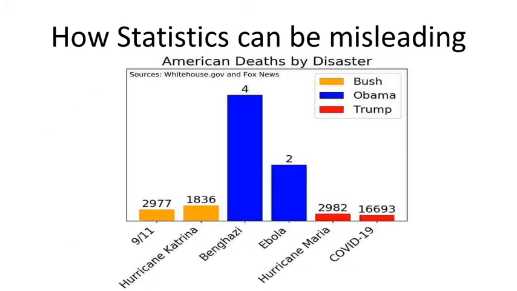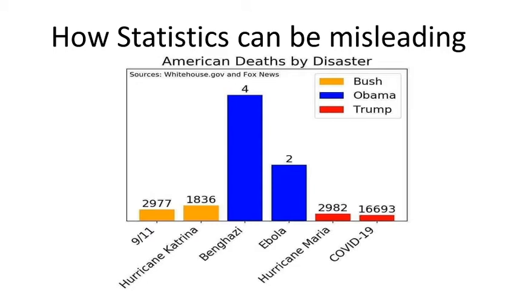And then here's a recent one. This one is titled American Deaths by Disaster. So you have 9/11, Hurricane Katrina, Benghazi, Ebola, Hurricane Maria, and our present day virus, COVID-19, the coronavirus.